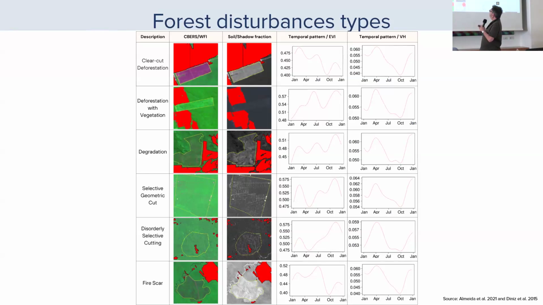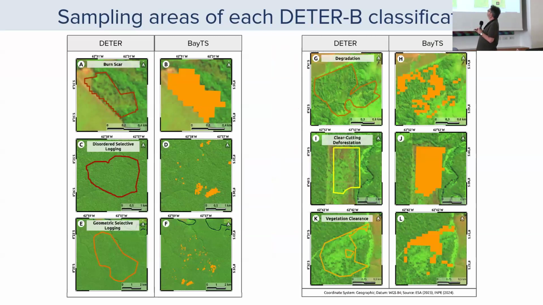Here, they may have cut part of the forest in lines because of timber harvesting. They may have cut orderly or disorderly. So the question being, how well do these techniques fare against these different types of forest cuts?